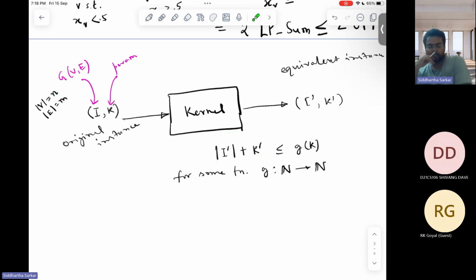That is the beauty of kernelization. So you have a smaller instance, and on this smaller instance you can probably do something brute force and get a comparatively smaller running time than the brute force algorithm on the original instance. Okay, so this is the high level idea.